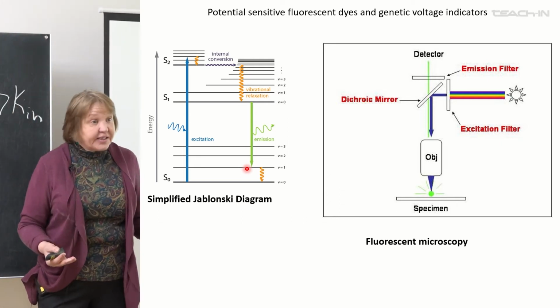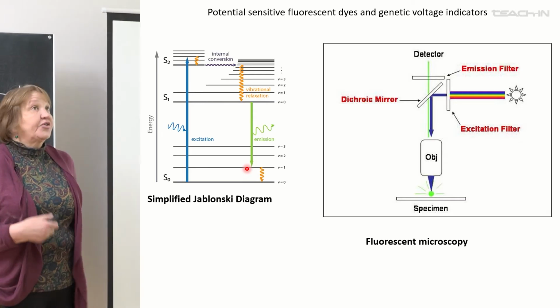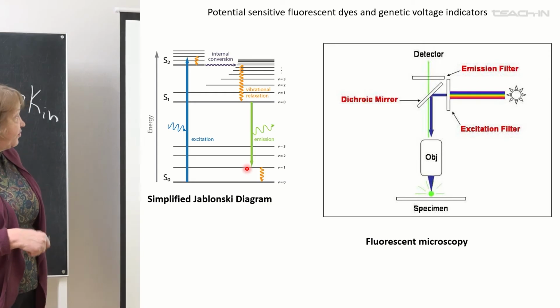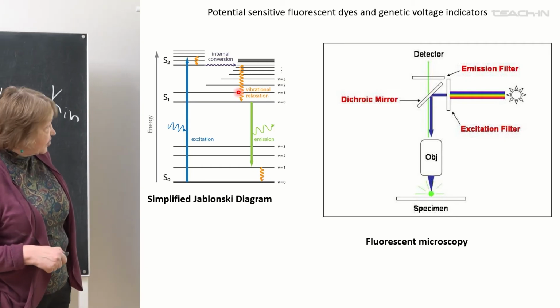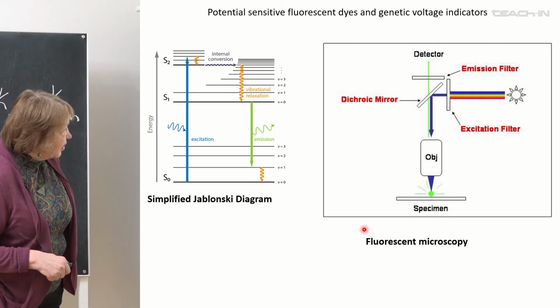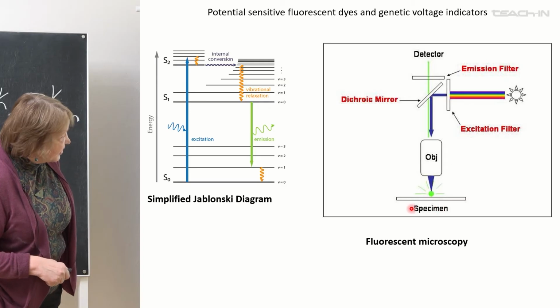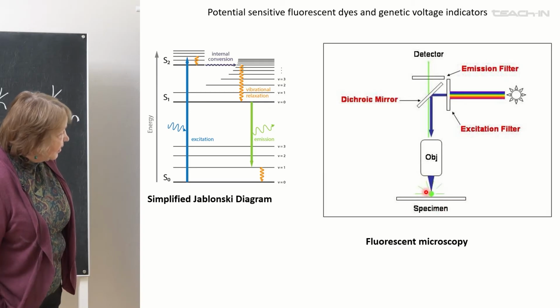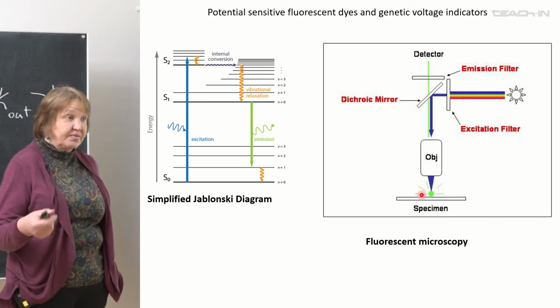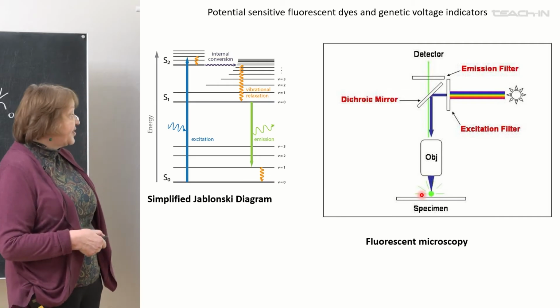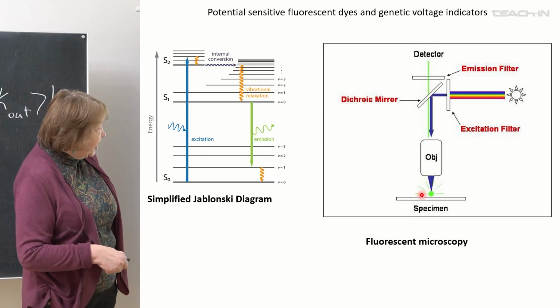So how do you detect it? To detect fluorescence, there are sophisticated microscopes, fluorescent microscopes. Your specimen is excited by your excitation wavelength, which may be any wavelength specific for your fluorescent probe.